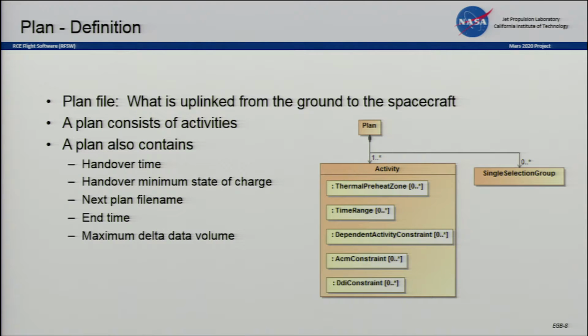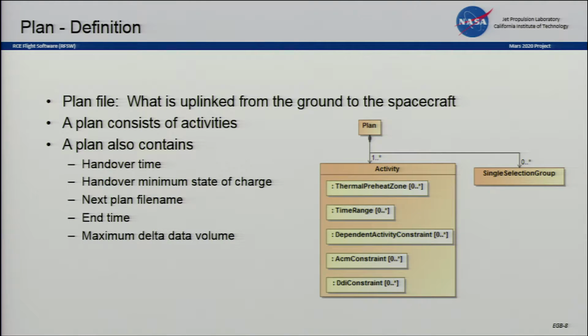Additionally, we only want to generate a certain amount of data within, say, one day. So that's another thing the ground provides: a limit on how much data we will allow to be collected. We have an end time, and we also have the name of the next plan file, so you can chain them together one after the other.